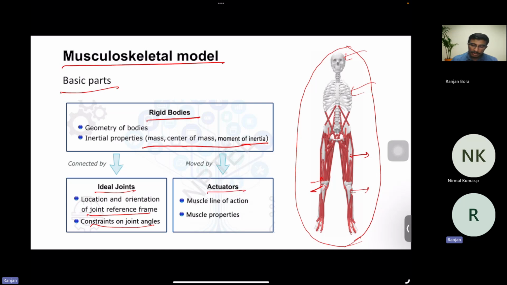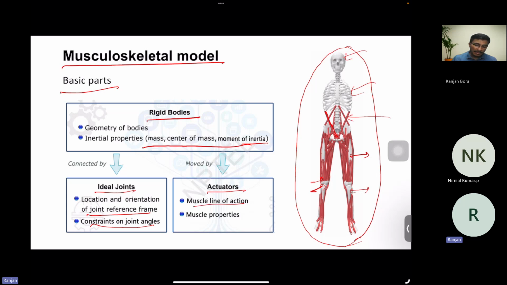What are the actuators? Actuators are these muscles. These red colored ones are the muscles. Here you can see the muscles are represented using a single line. The whole muscle volume we represent using a single line in a musculoskeletal model.